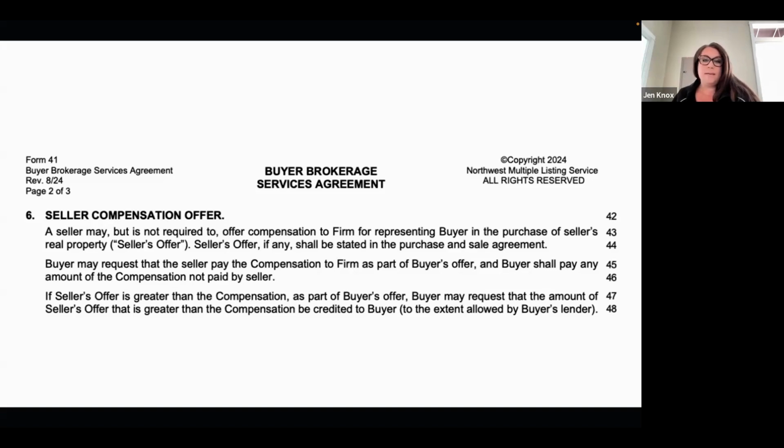The important thing to remember about having this buyer agreement in place is that it gives us the right to also negotiate what that is. And it gives us the opportunity to negotiate some of that being paid with the help of the seller. So whether an offer is given or not, there is always the opportunity to negotiate that.